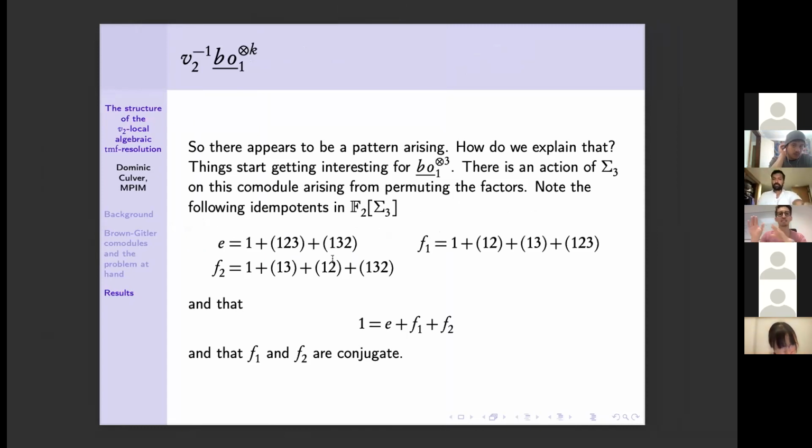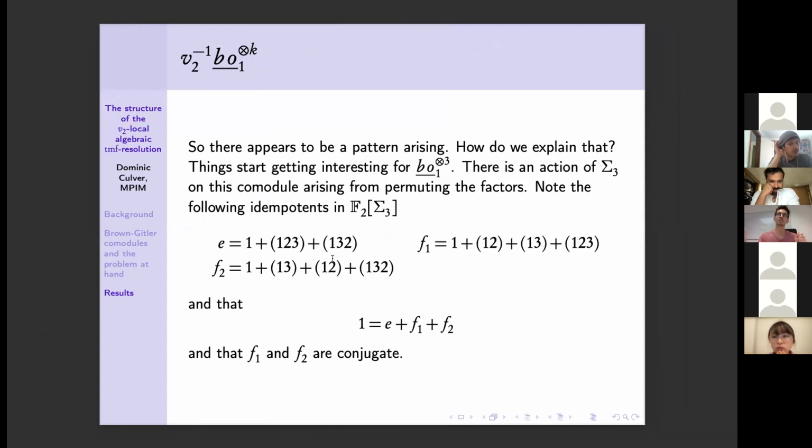So the thing is that if you saw all the charts that we had, you would see that this pattern seems to start arising with BO1 cubed. So we got really fixated on BO1 cubed for a long time. The thing to note is that BO1 cubed is an A2 star comodule, but it's also got an action of sigma 3 coming from permuting the factors.